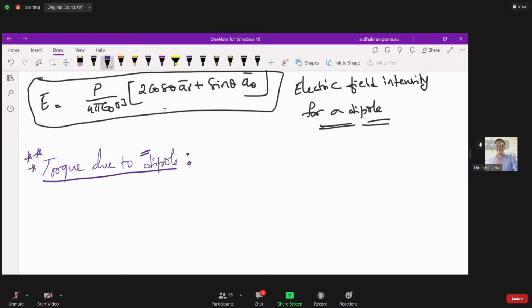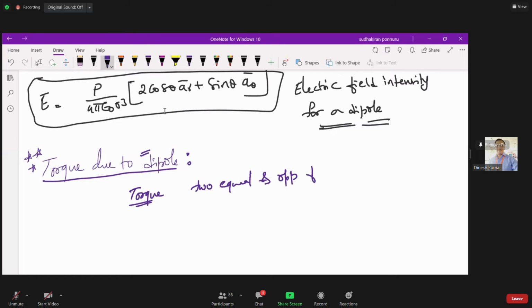You people know what is meant by torque. Torque is nothing but, if you are having two equal and opposite forces.